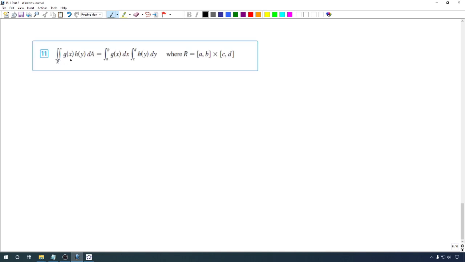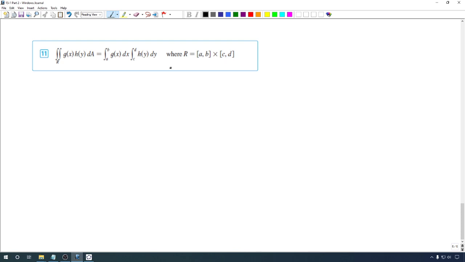So here our integrand is just g of x times h of y. Neither one of these functions depends on the other variable, and we can split up our double integral into just the product of the two integrals. So the integral of g of x with respect to x over this interval, and then the product of the integral of h of y with respect to y over the interval c to d.